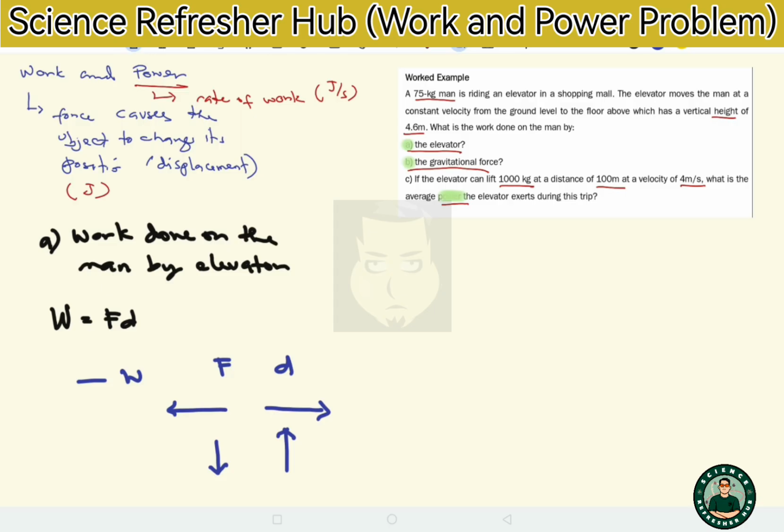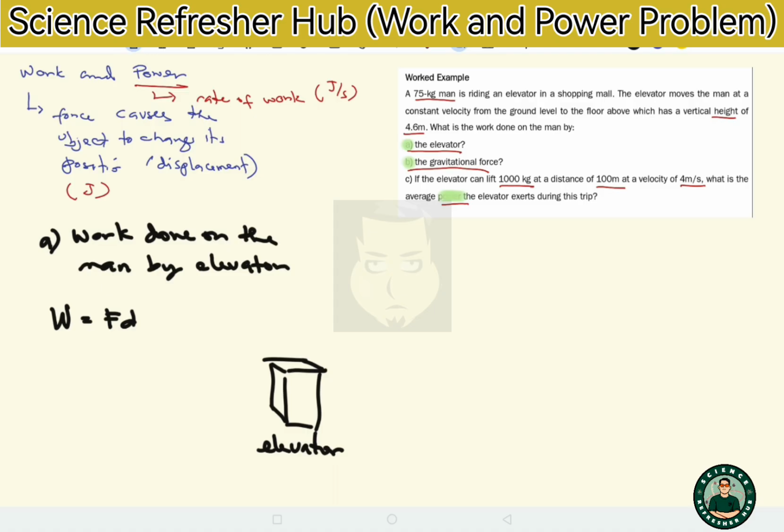Okay, so in this case, we will try to visualize what's going on. Work done by the elevator on the man. Just don't mind my drawing here, it's the elevator.